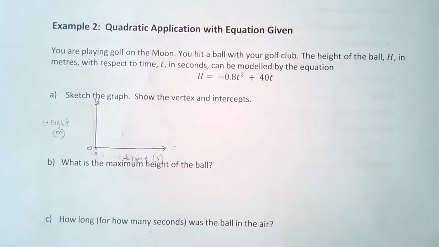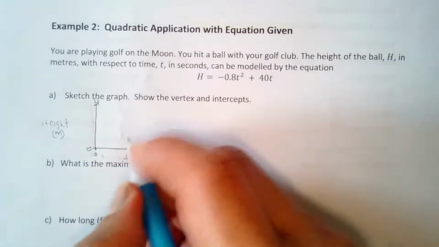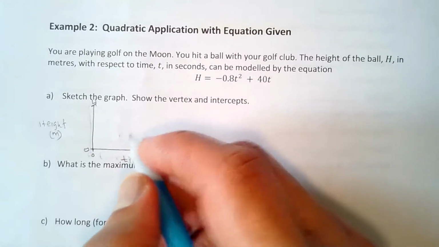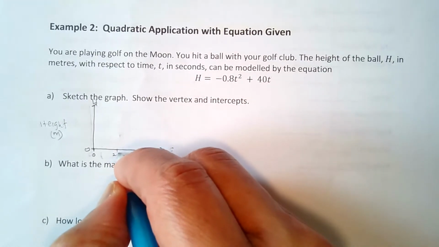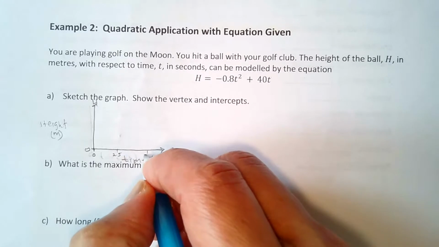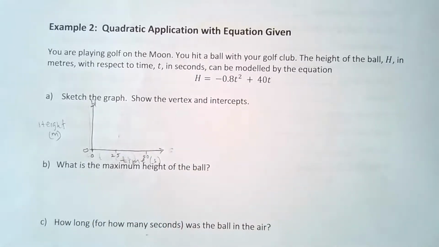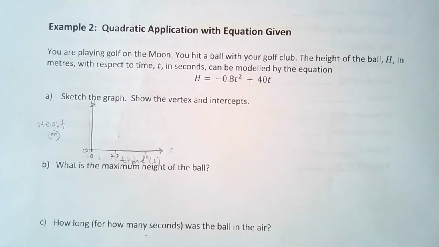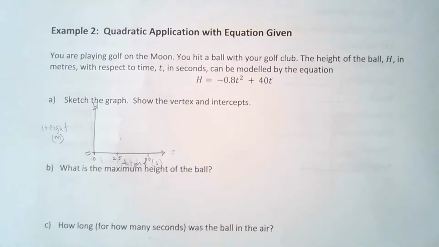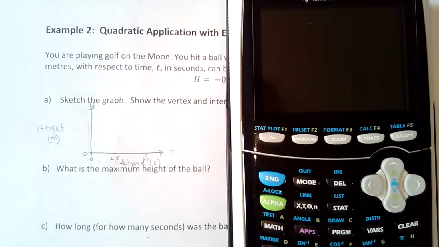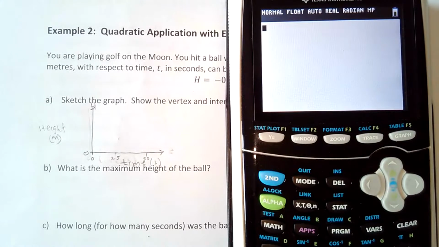Now, so we have our time, and I'll probably make this 25, maybe 50. I don't know yet. I will use my graphing calculator and do a sketch. And from my graph in my calculator, I'll do a sketch.